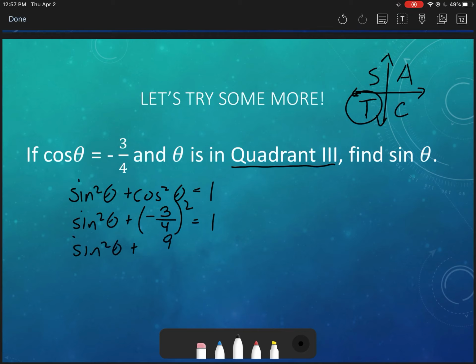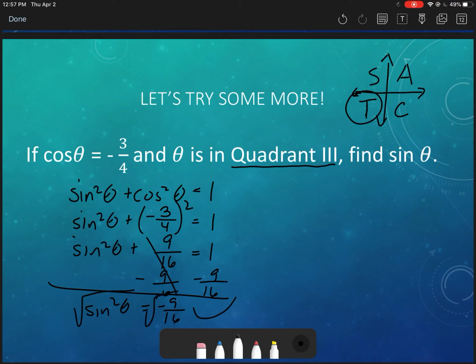-3 squared is 9, 4 squared is 16. Now we're going to subtract that from both sides. Sine squared theta equals... sorry, let me go back over here.